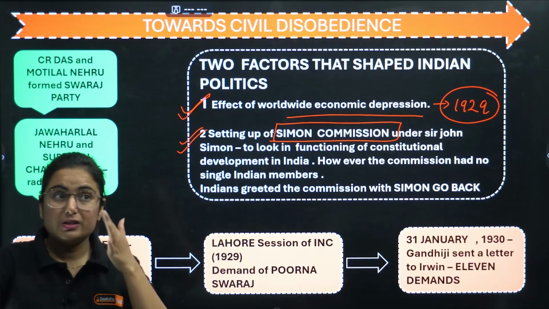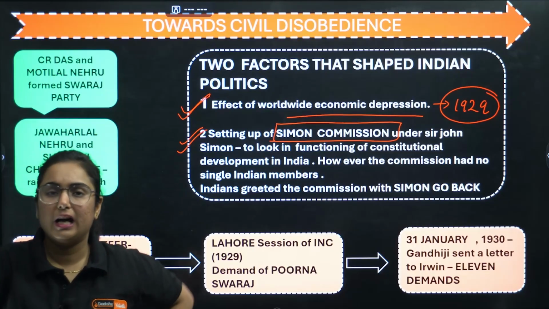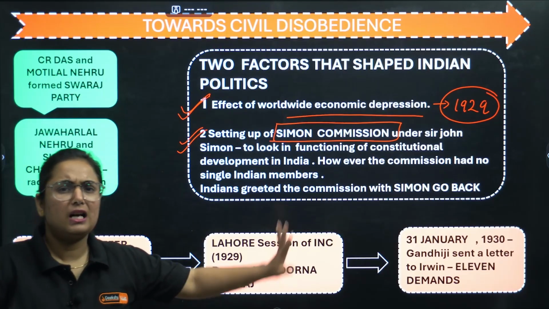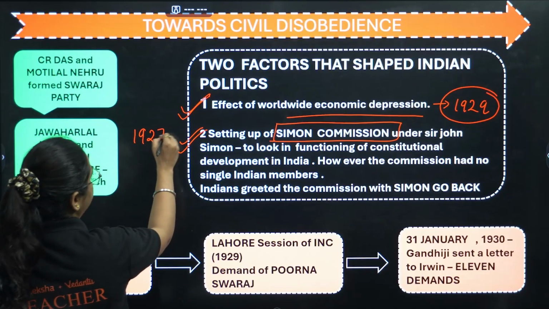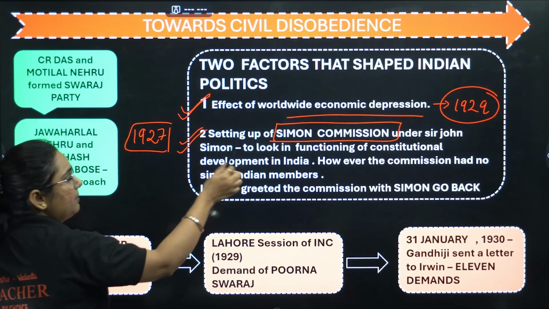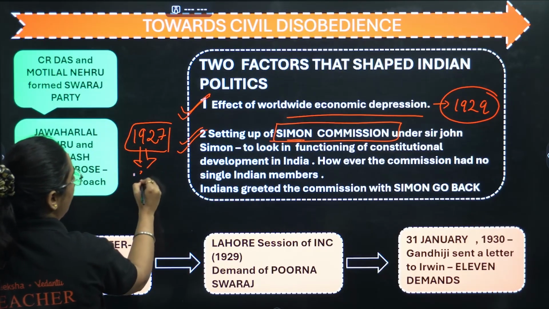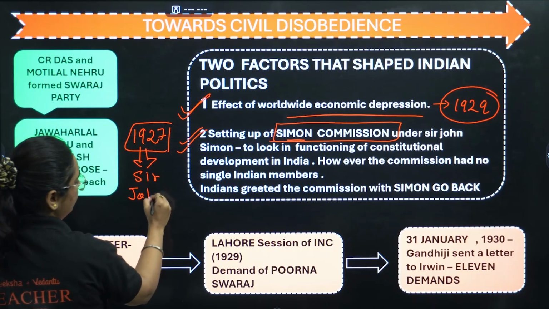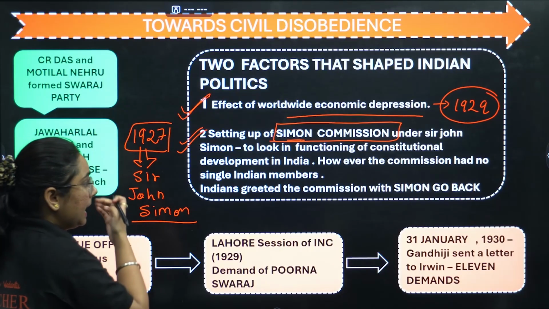So, just to pacify their demands, they presented in the Government of India Act 1919 that they will make a commission, and they did that in the year 1927. This commission was named the Simon Commission because it was headed by Sir John Simon. Now what happened?